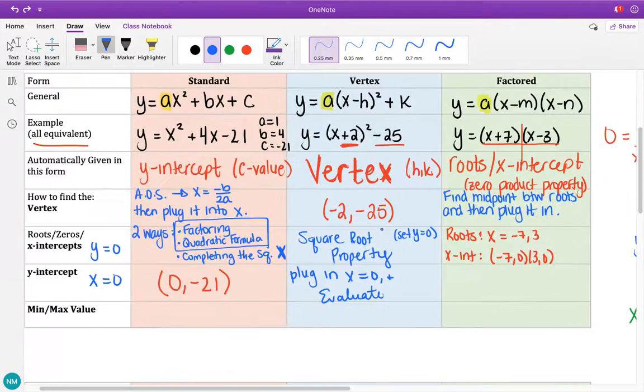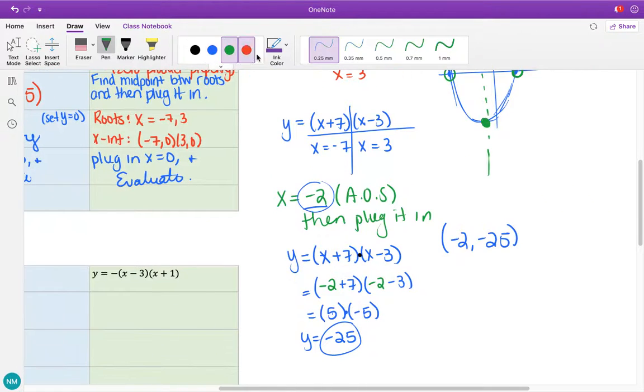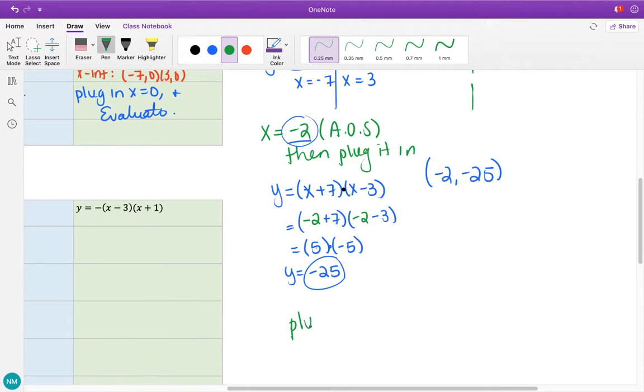And lastly, how do we find the y-intercept? Same concept as this. You plug in x equals 0 and evaluate. So if I substitute 0 in for x, I get y equals, this is plus 7 and minus 3.